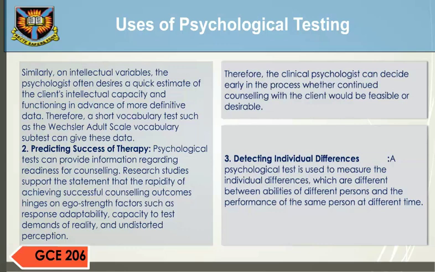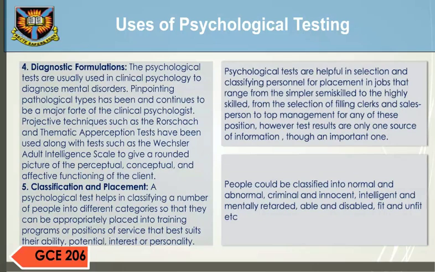3. Detecting individual differences. A psychological test is used to measure the individual differences, which are differences between abilities of different persons and the performance of the same person at different times. 4. Diagnostic formulations. The psychological tests are usually used in clinical psychology to diagnose mental disorders.